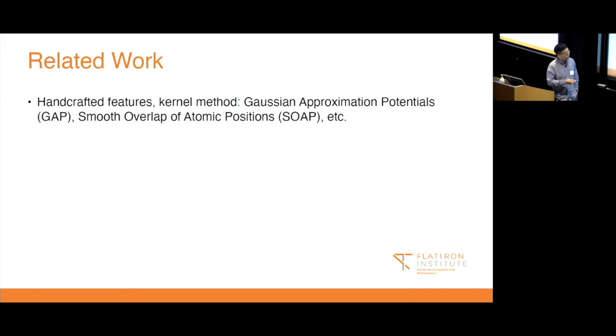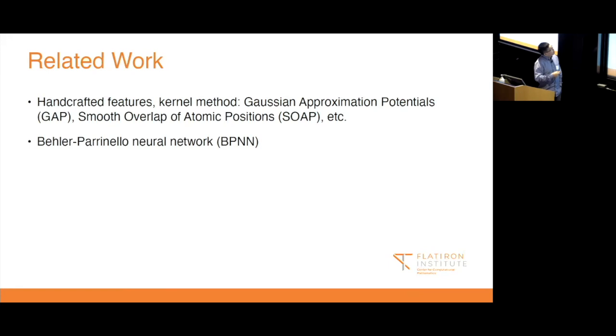Traditionally, people handpick certain features that are invariant under those group operations. As long as you have features that are invariant under translation, rotation, and permutation, you can apply any machine learning model you like, and the output will also preserve those symmetries. Examples are Gaussian approximation potentials and smooth overlap of atomic positions.